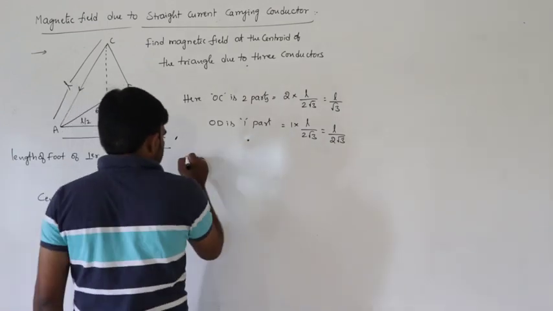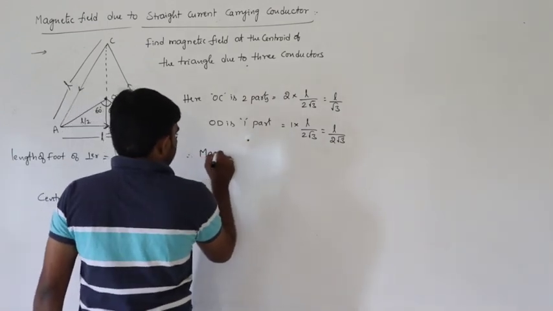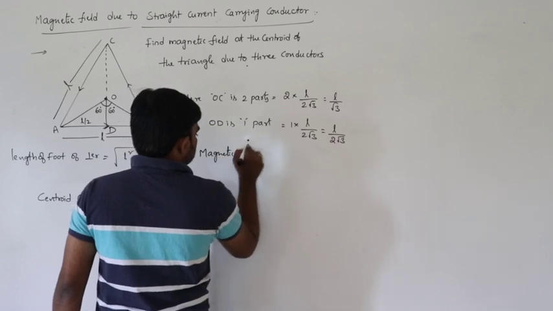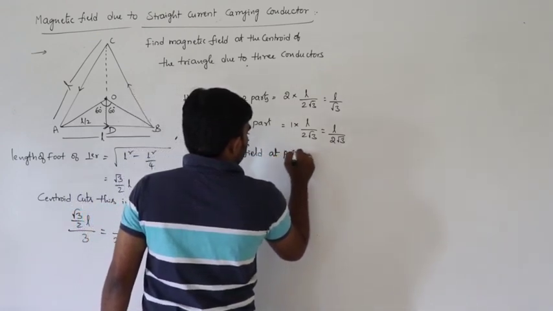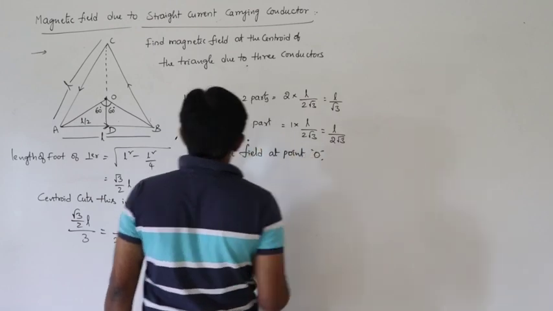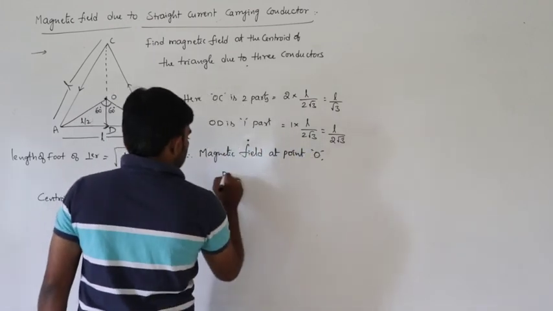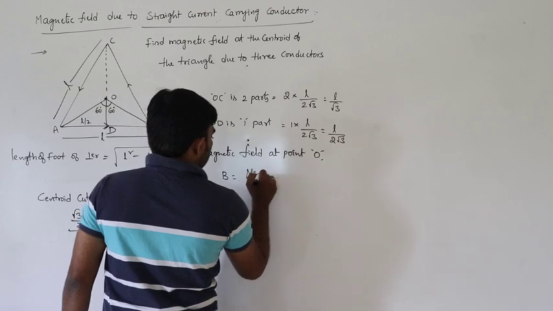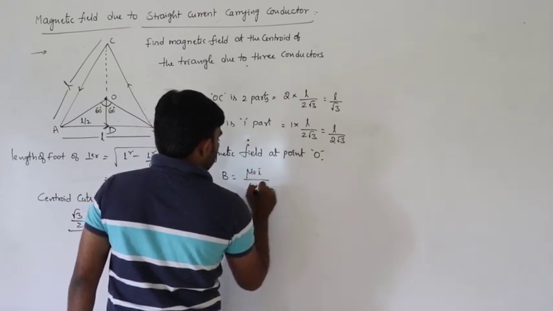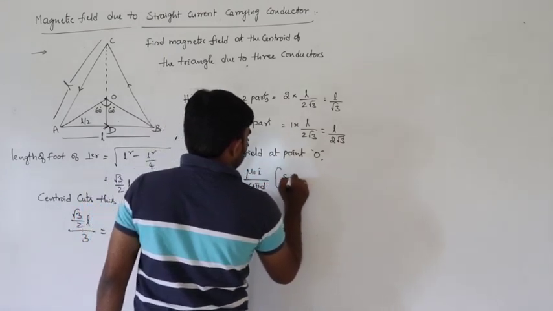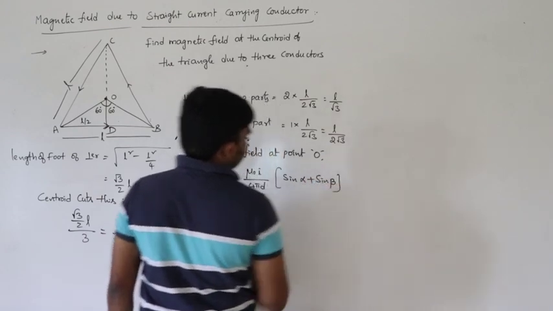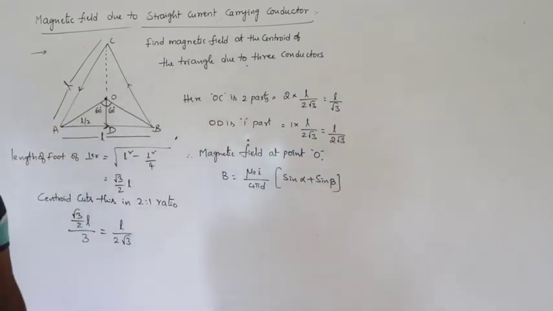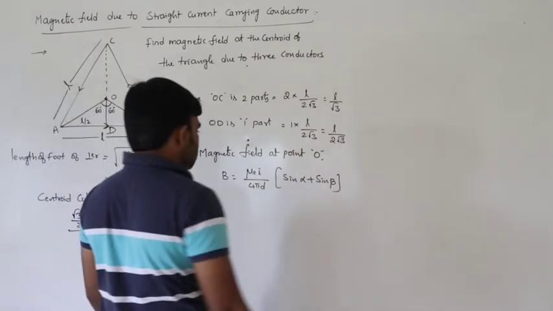Therefore, the magnetic field at point O. So B is equal to, the general formula, mu naught I by 4 pi d into sin alpha plus sin beta.